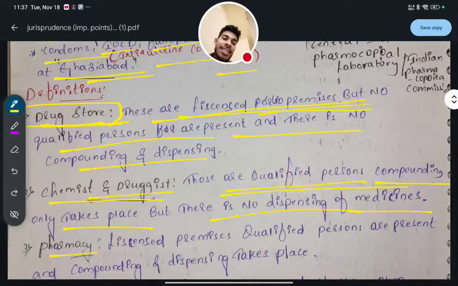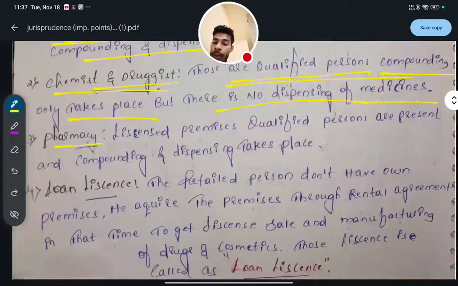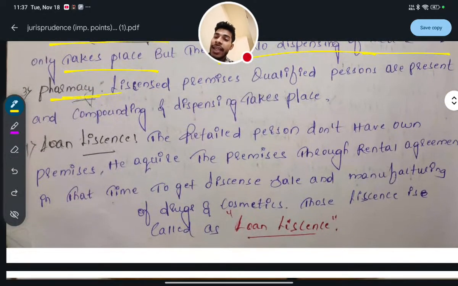In a drug store no qualified person is present and there is no compounding and dispensing. Whereas a pharmacy is a licensed premises, qualified persons are present, and compounding and dispensing also take place. Compounding means manufacturing the drug, and dispensing means delivering the drug or providing the drug to the patient or somewhere else.